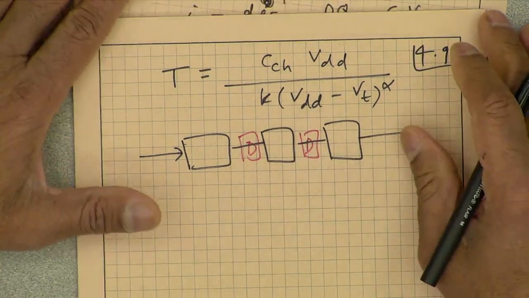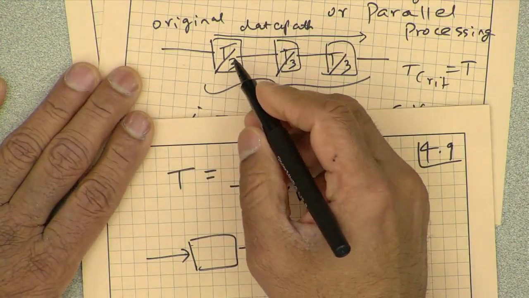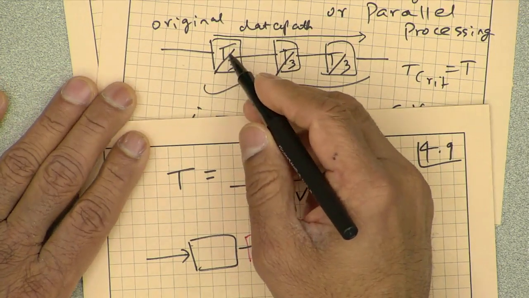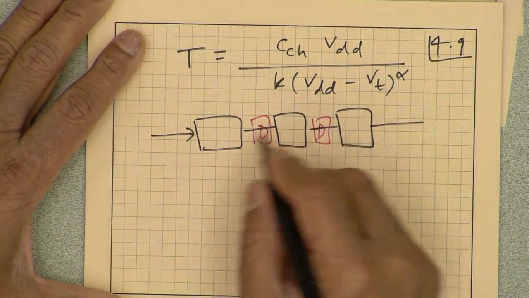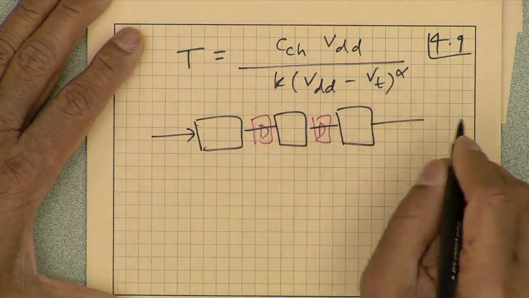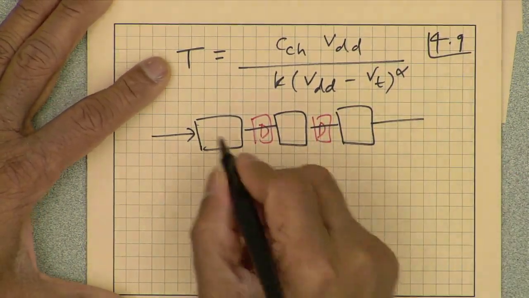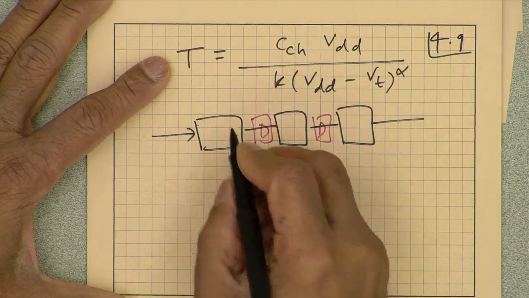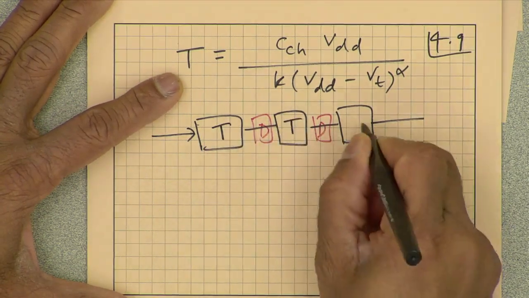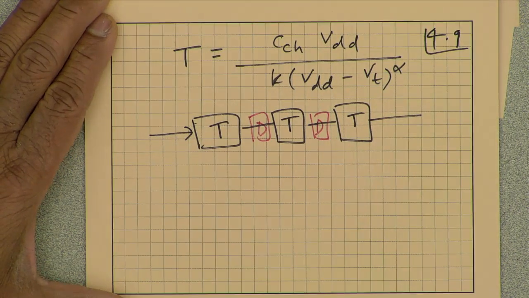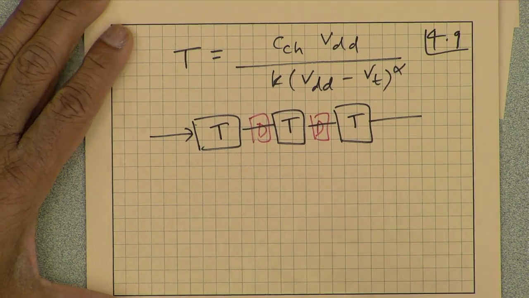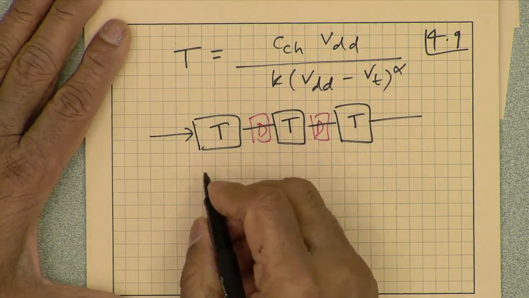If you simply pipeline that, the clock period now should be t by 3. But instead, what we intend to do is still maintain the same clock speed. We are not interested in increasing the clock speed. We want to maintain the same clock speed.